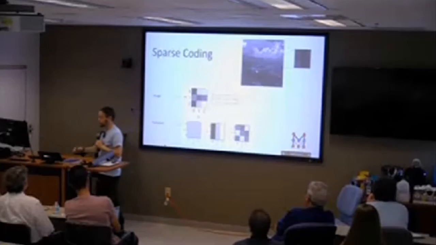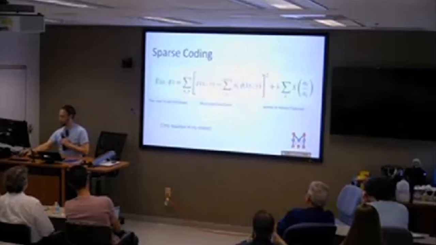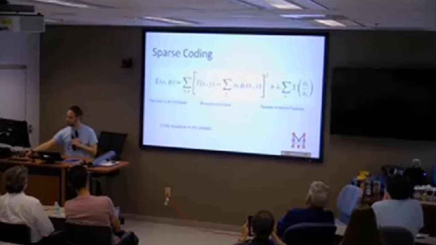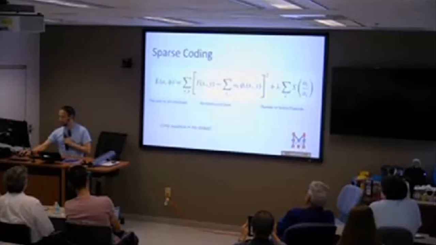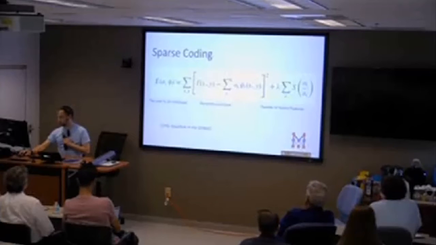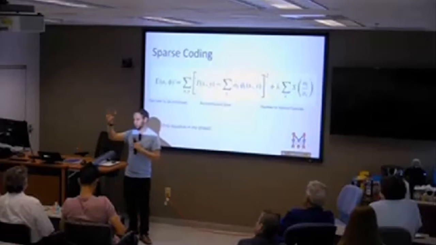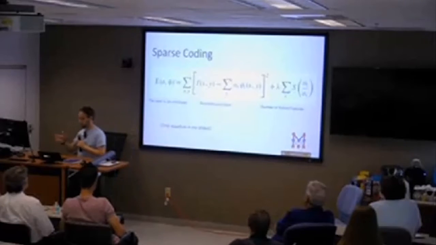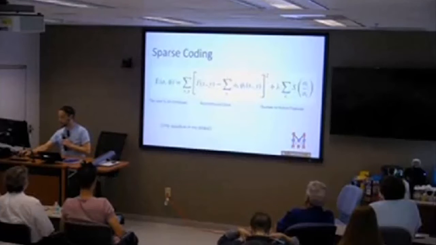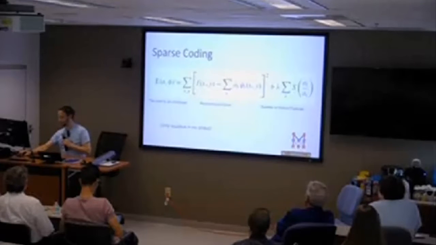And then you measure that. So that's the reconstruction error. So the difference between the original image and this is just the sum of these particular features multiplied by some coefficient. That tells you how much of each feature you're using, so you're just doing a linear combination. And that's the error term. And it's sum of squares.